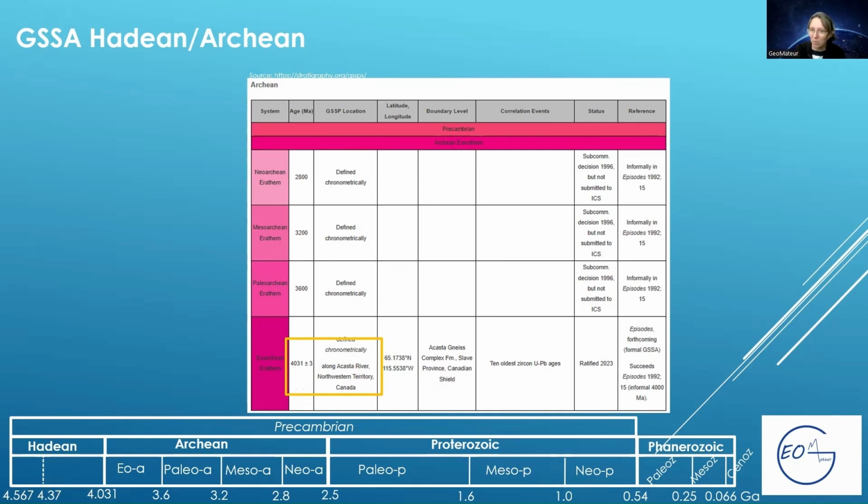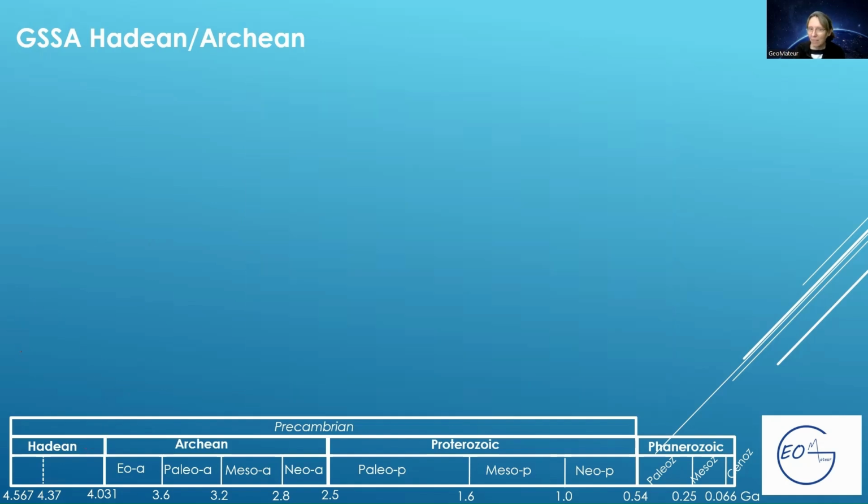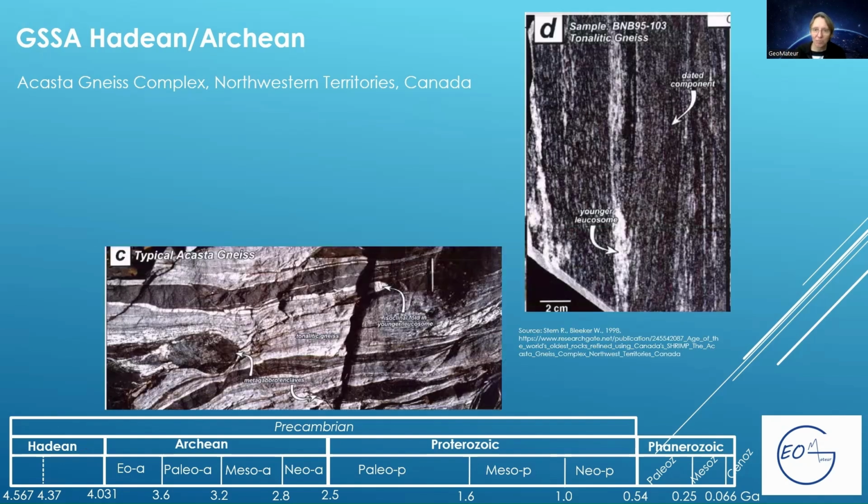Why? How do we know so precise a number? Because of the Acasta Gneiss complex in the Northwest Territories in Canada.